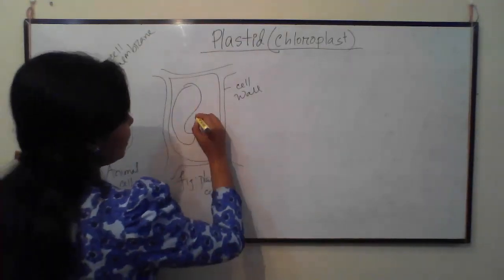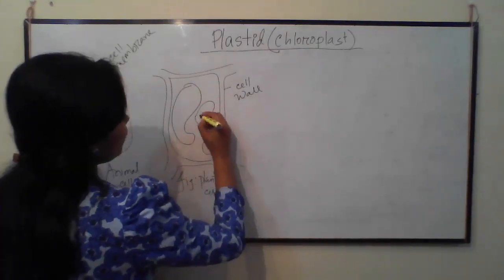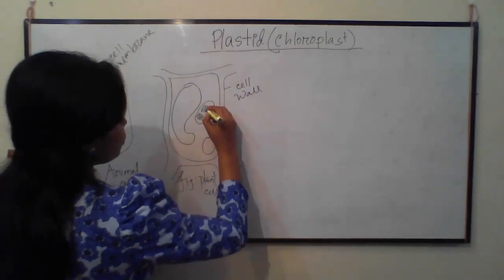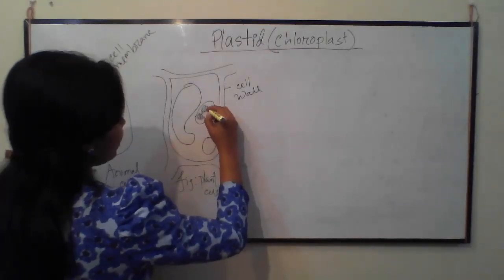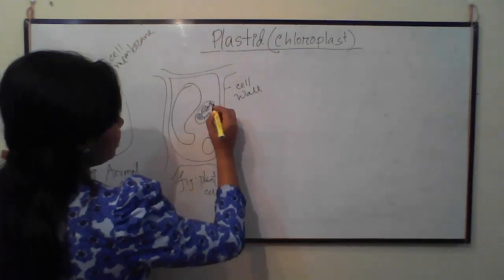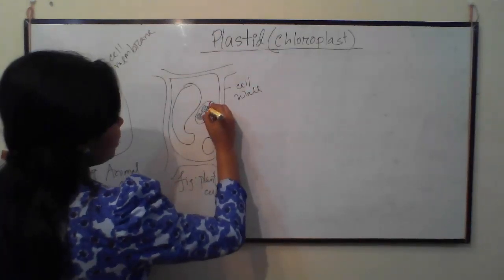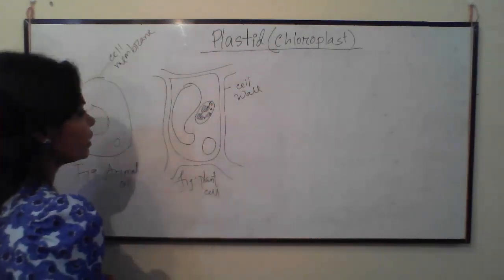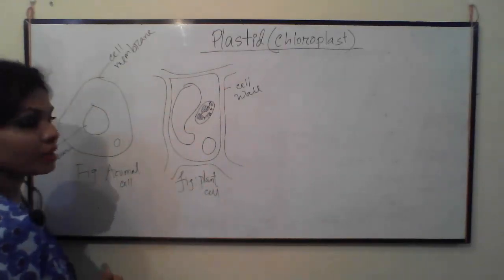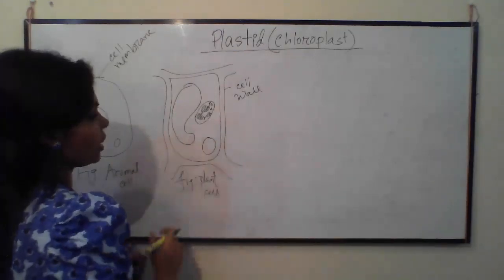In plant cell, there is a chloroplast. It is one kind of organelle, a very important organelle of plant cell, and that's why 99% of plants in the world are green. But in animal cell, there is no chloroplast.